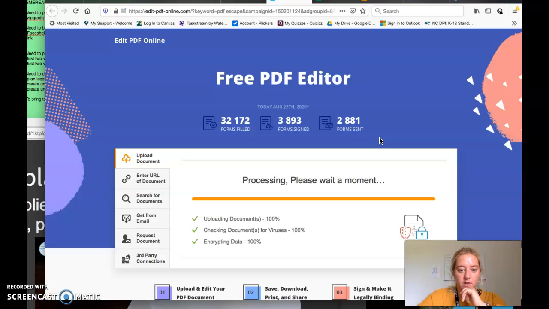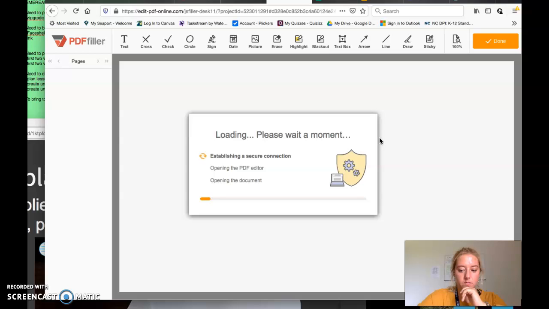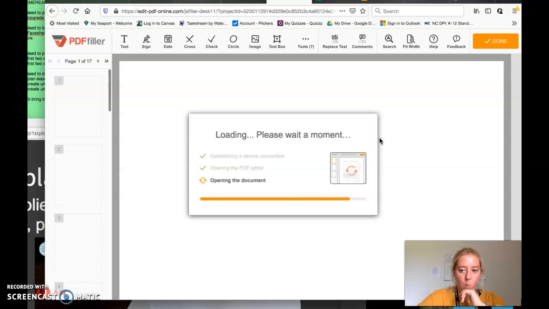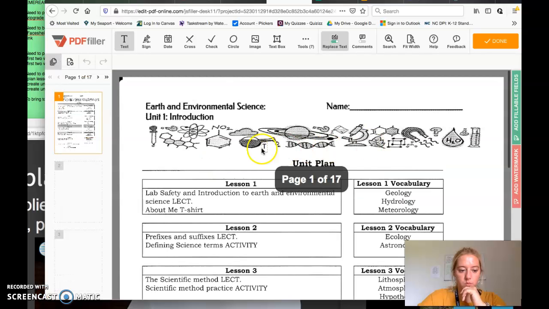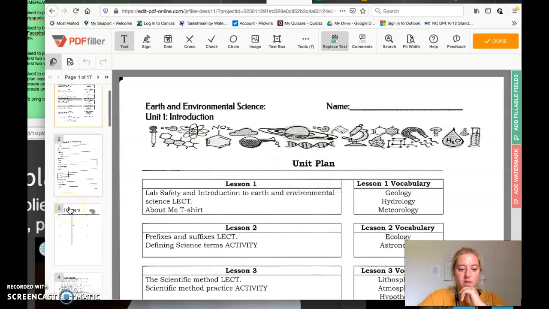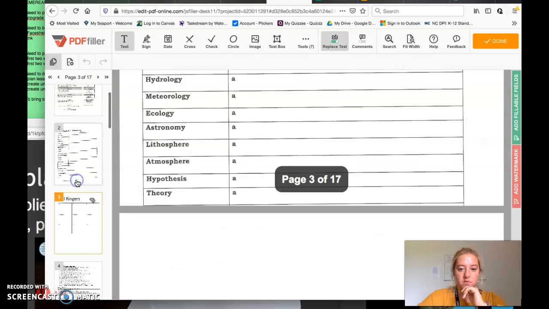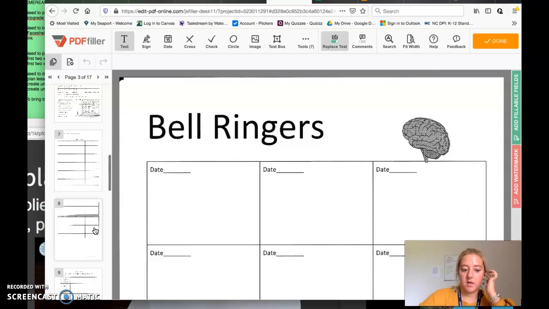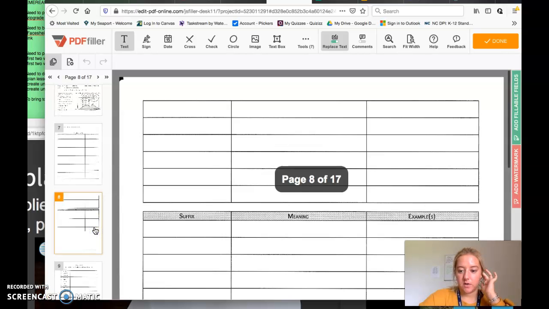And if you give it a second, it comes up. And you're actually able to edit all of the pages of the notebooks. So if you were online and you didn't want to print off your pages, this is how you would do it.